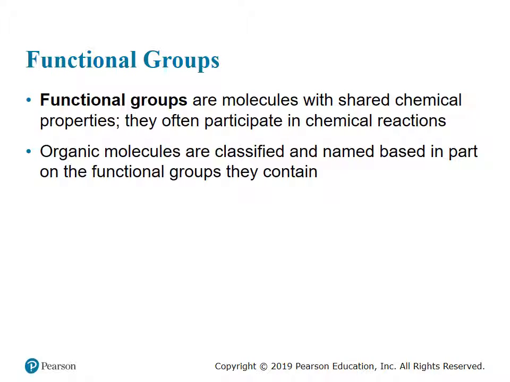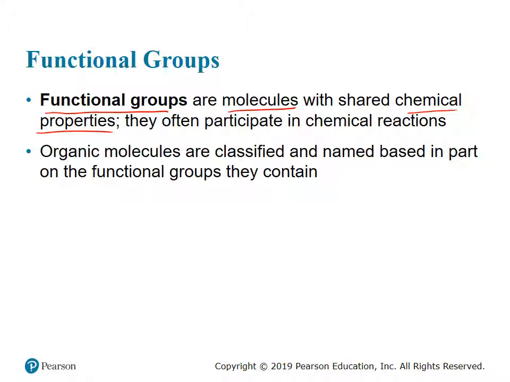What are functional groups? Functional groups are types of molecules with shared chemical properties. Okay? If this was a family, functional groups are very much like brothers and sisters, or very close cousins, first cousins.